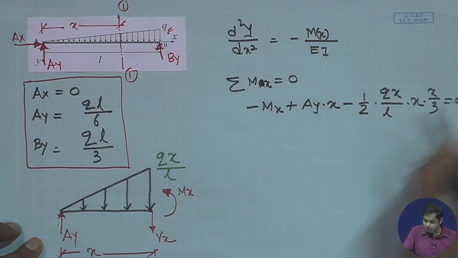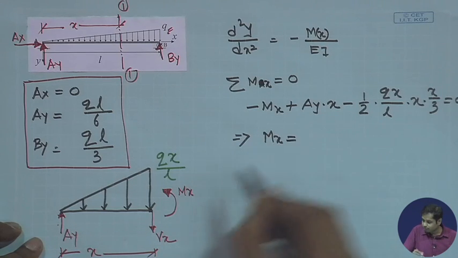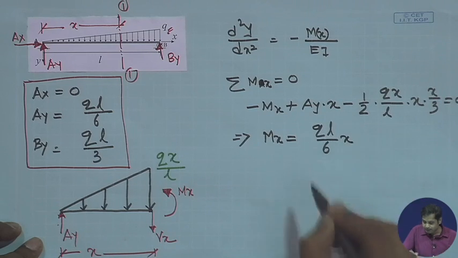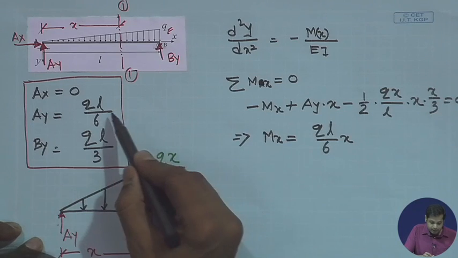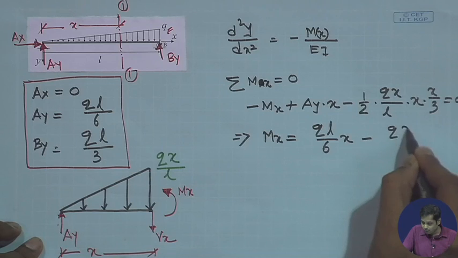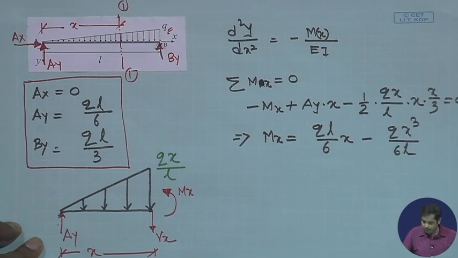So that is equal to 0, and this gives us Mx equal to QL by 6 x, since Ay is already determined as QL by 6, minus Qx cube by 6L.